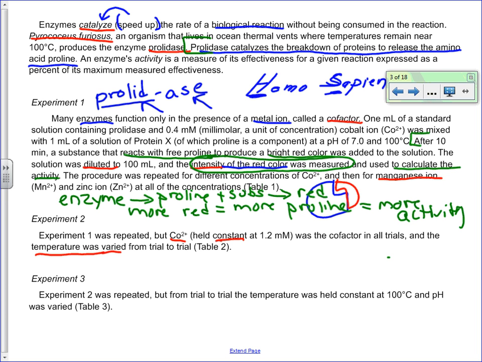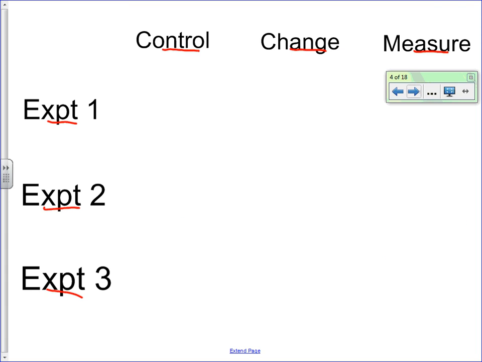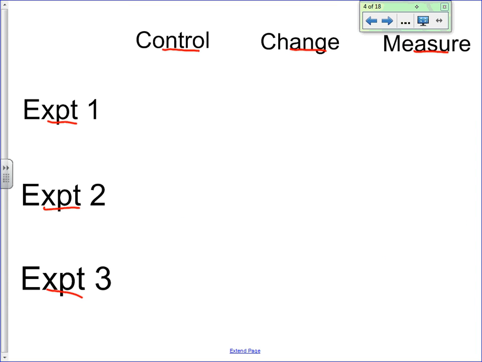Okay, so let's go back again. In this first experiment then, what are we measuring in experiment 1? What's being measured here? Good, the activity of the enzyme. So we can call it the enzyme activity. Now let's start to take a look then, what was changed in this experiment?